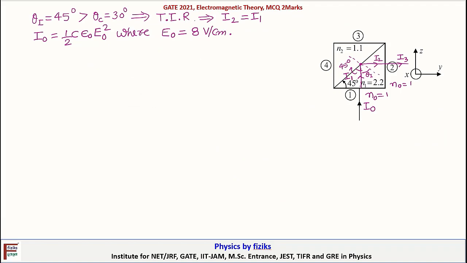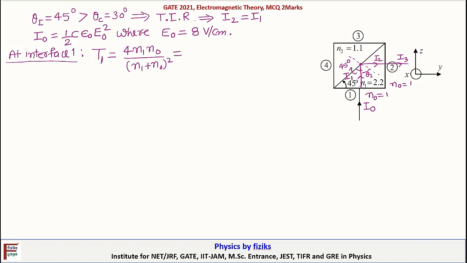Now we have to see what will happen at interface 1. So at interface 1, there is a normal incidence. So we can write transmitted coefficient T1, and that will be given by 4 N1 N0 by N1 plus N0 whole square.